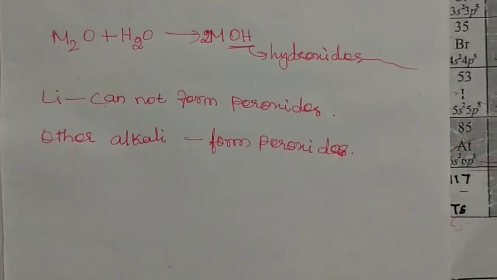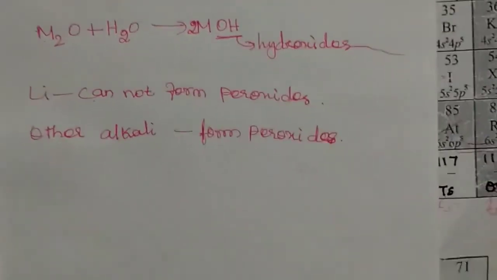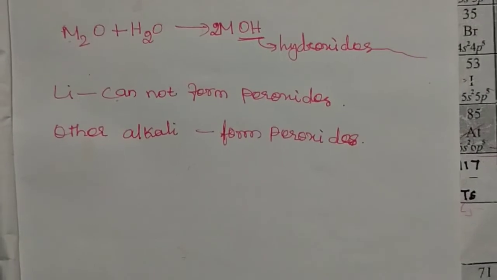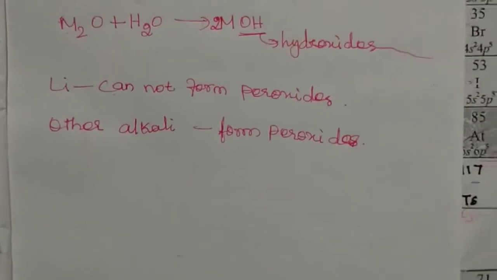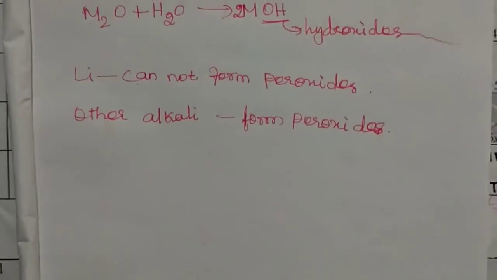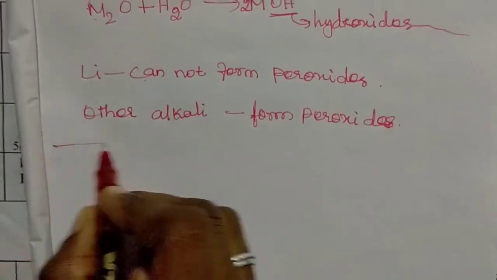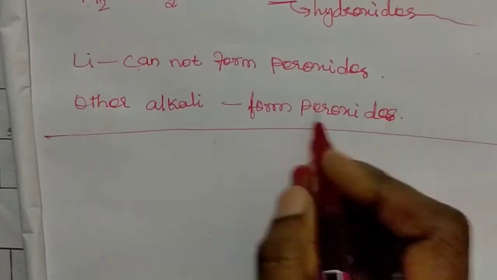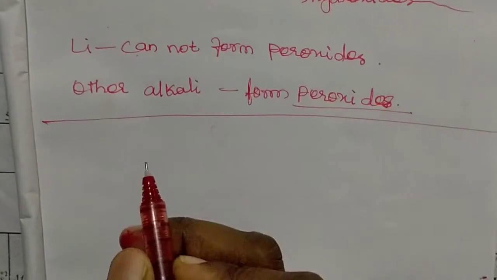The peroxide formed from this combustion process is again treated with water. They can produce the hydroxide of the particular alkali metal and form hydrogen peroxide as a byproduct. So, the reaction between alkali peroxide and water: the formation of peroxide is because of the combustion process in excess amount of air.